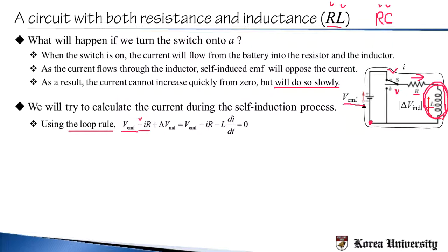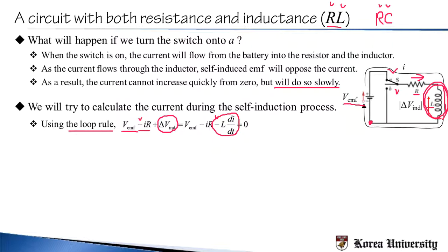We just learned that if you go along the direction of the current across the inductor, delta V_L was minus L di/dt. Okay, so it is important that you have the minus, and this equation can be used along the direction of the current, regardless of whether the current is increasing or decreasing.